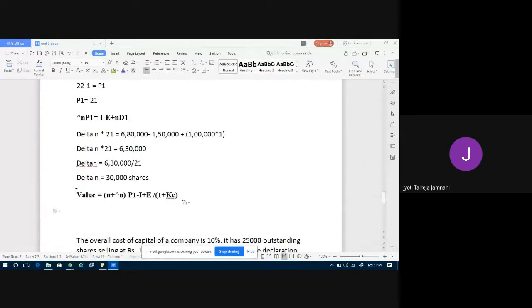Value is equal to old shares, that is 1 lakh shares we already have, plus the new shares we found, 30,000 shares, into P1. So we have to multiply this with the price, that is 21, which we have found. This has to be solved first, and then we can do minus I.